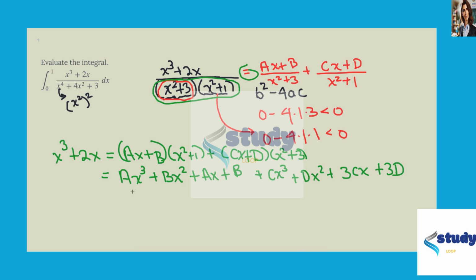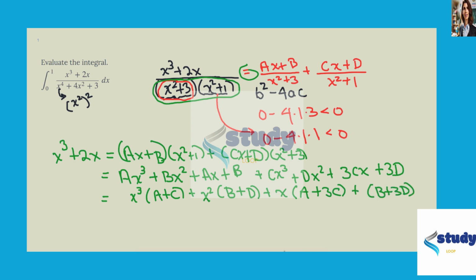Let's go ahead and factor out like terms. So here, let's take out an x cubed, and we're left with a plus c. Then let's do the same for x squared, b plus d, pull out an x, a plus 3c, and then left over with b plus 3d.